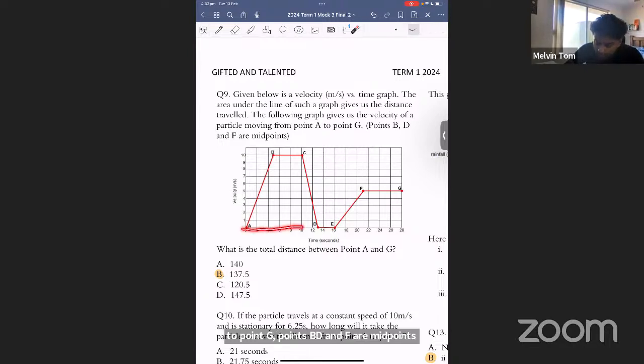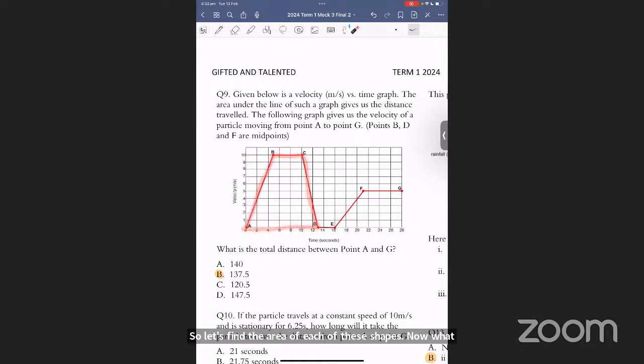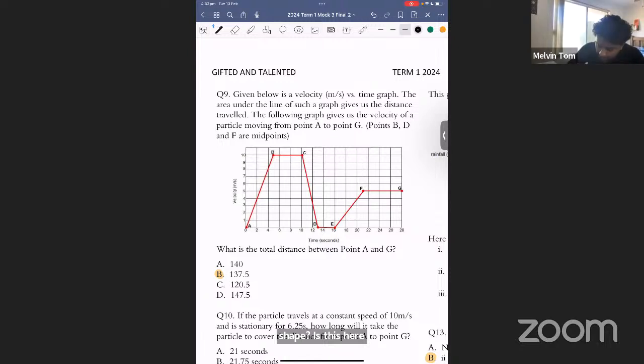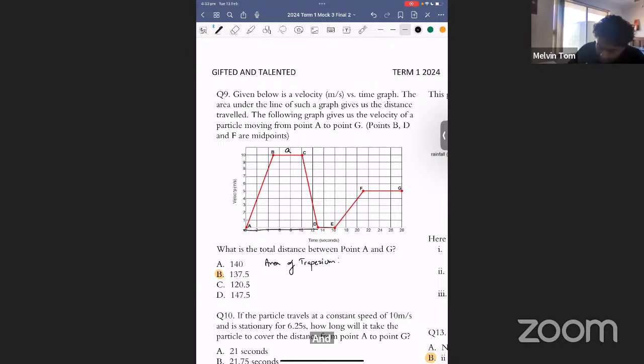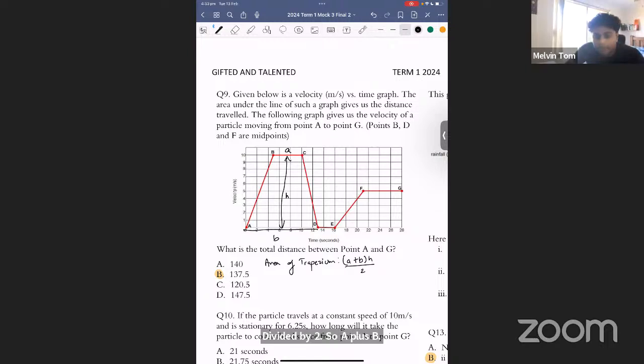Now, what shape is this here? Trapezium. Good. And how do you find the area of a trapezium? I'll tell you. It's the top A plus the base B, multiplied by the height, divided by 2. Okay?